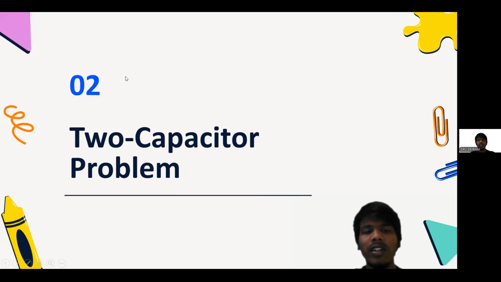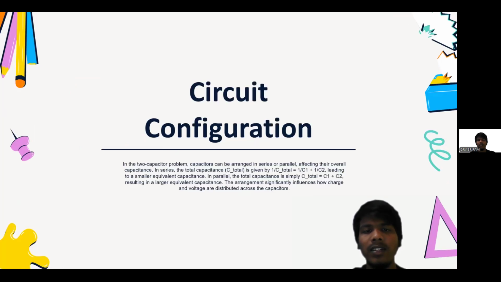And second topic is the two capacitor problem. Circuit configuration. In the two capacitor problem, capacitors can be arranged in series or parallel, affecting their overall capacitance. In series, the total capacitance is given by 1/C_total = 1/C1 + 1/C2, leading to a smaller equivalent capacitance.